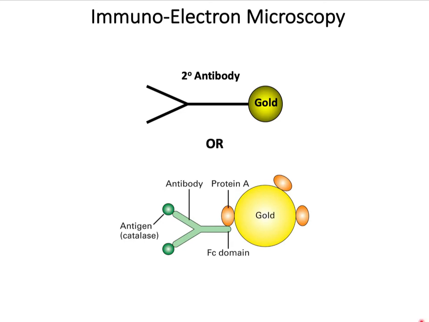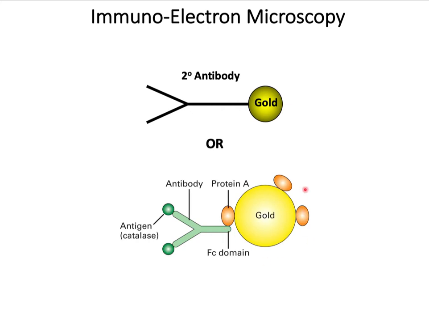There is a variation. If you don't have a gold-labeled secondary antibody that will bind to the primary antibody, you can obtain commercially available gold particles that are bound to a protein known as protein A. The protein is isolated from Staphylococcus aureus bacterium, and protein A specifically binds to the Fc portion of antibodies.